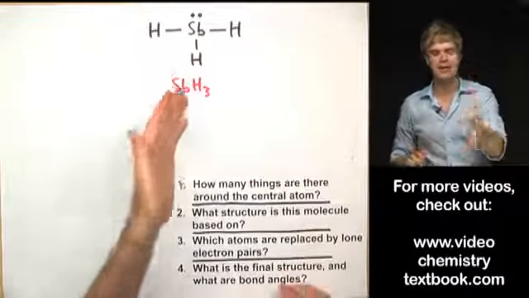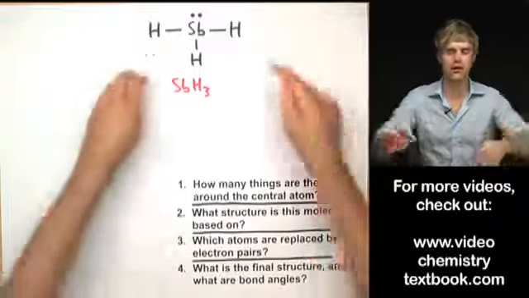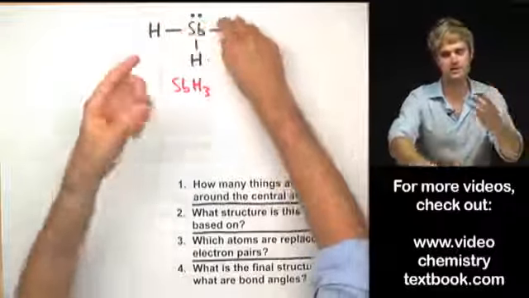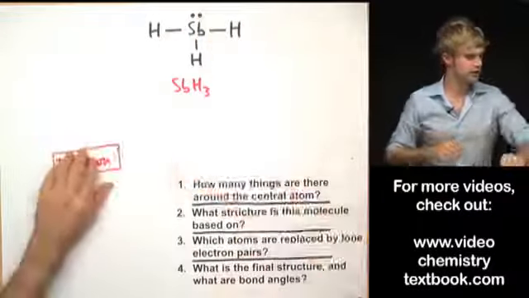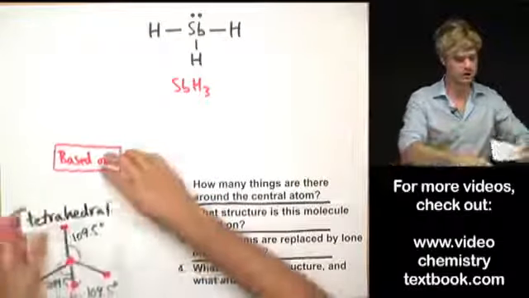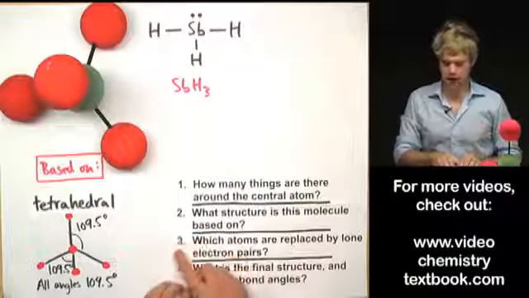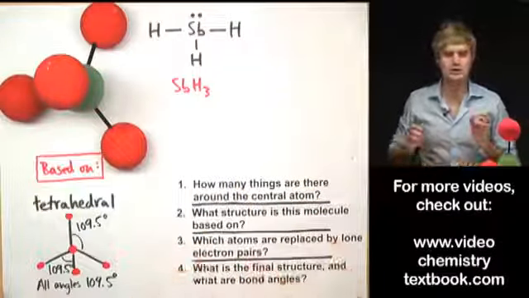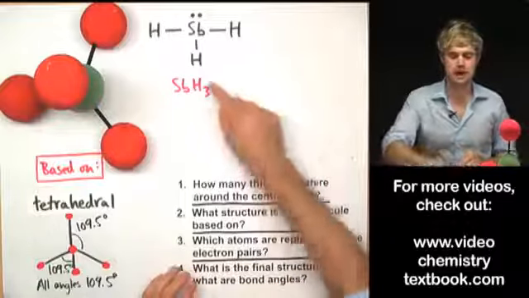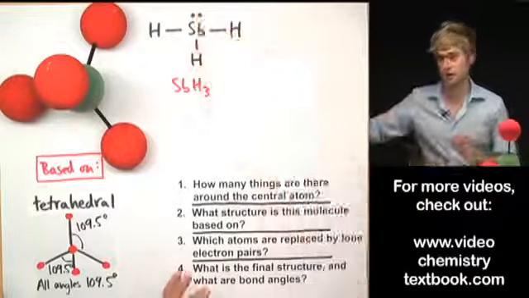Okay, SbH3. Number 1, how many things are there around the central atom? 1, 2, 3 bonds, 1 lone electron pair. So there are 4 things total around the central atom, and it's going to be based on a tetrahedral shape. Now, which atoms are replaced by lone electron pairs? In SbH3, one of these 4 things is a lone electron pair.